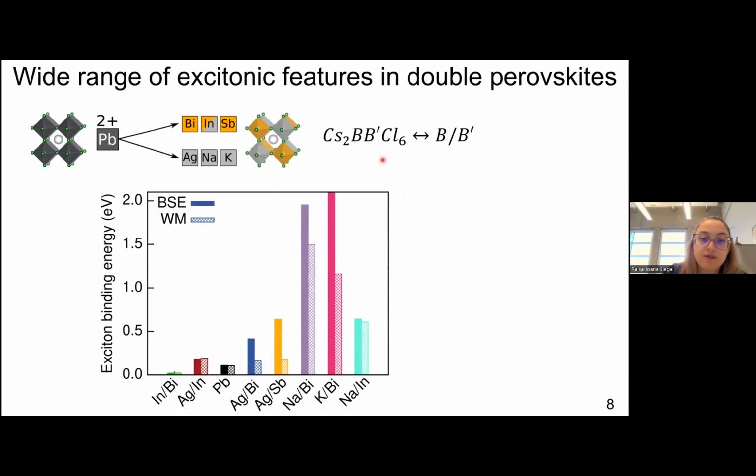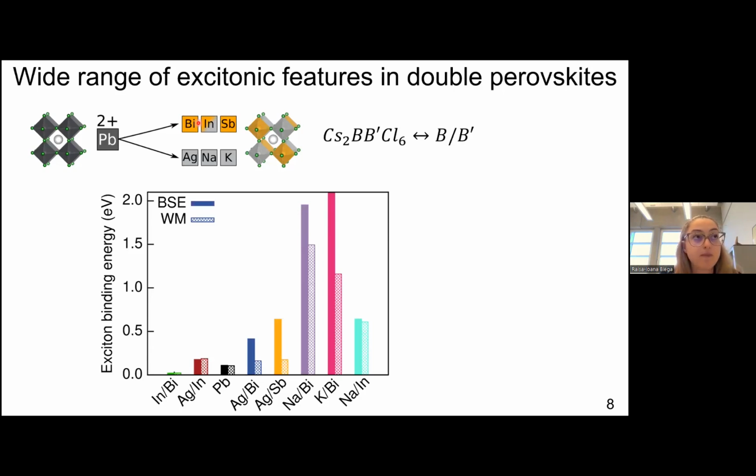So we now vary the B and B dash sites of the double perovskites. Into B and B dash, we plug in those chemical elements, and then we have a variety of double perovskites, and we go through the entire theoretical workflow that I've shown before, and then we get a bunch of exciton binding energies.